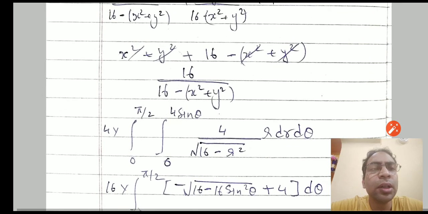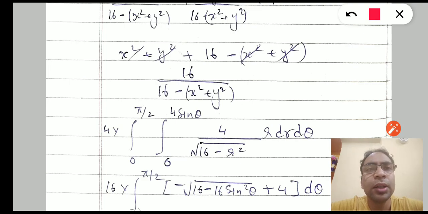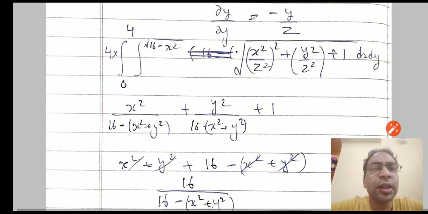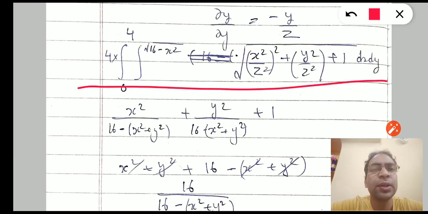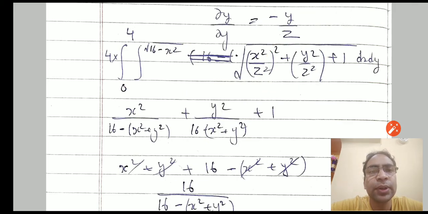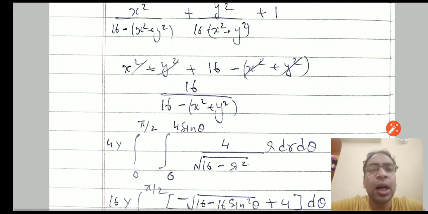So now we will convert this equation into polar form after substituting the values of del z upon del x and del z upon del y. As we know, in the polar form, x square plus y square is written as r square.